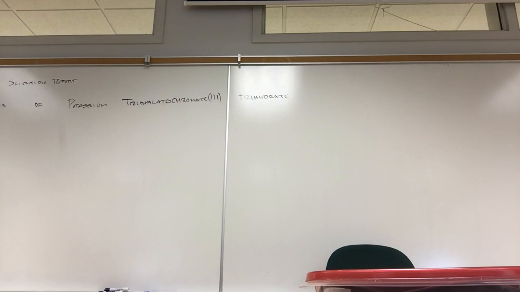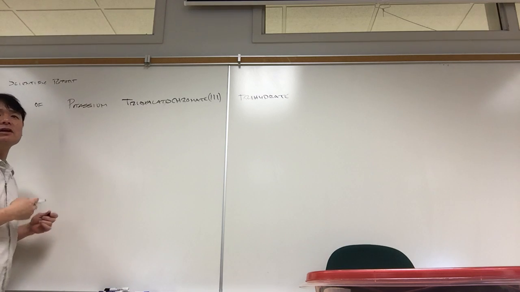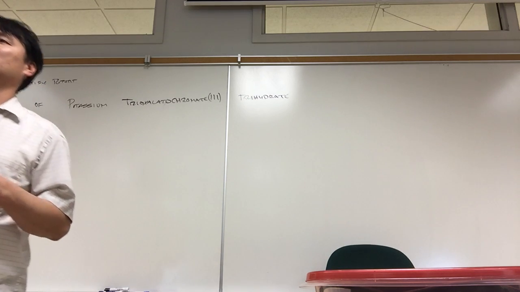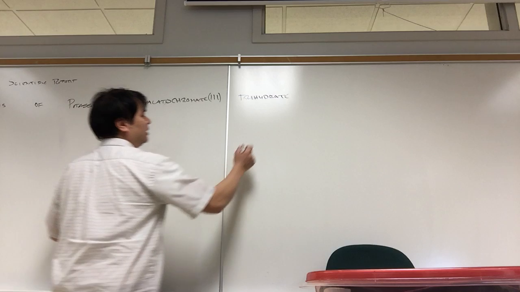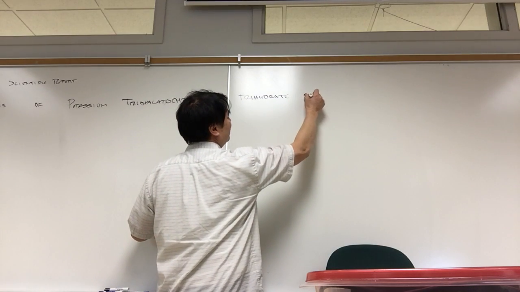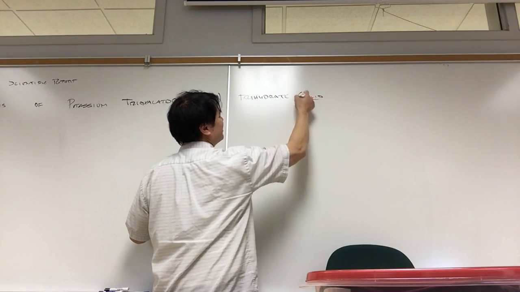We're after this potassium trioxalatochromate(III) trihydrate, which is going to be a solid, liquid, or gas. It's a solid, right? That's important too. It's got to be a solid if it's a hydrate.